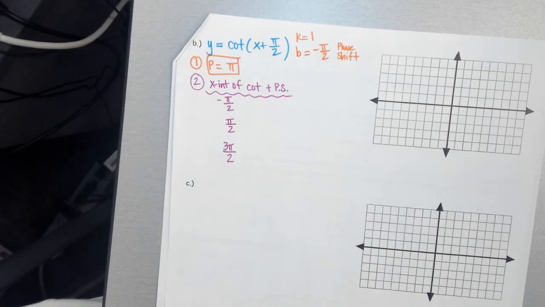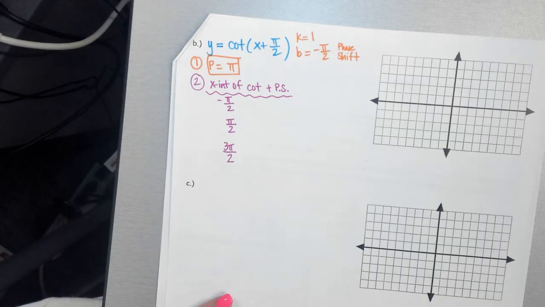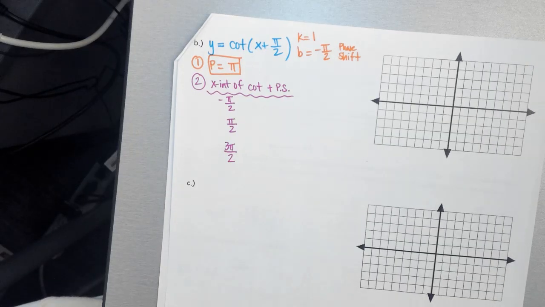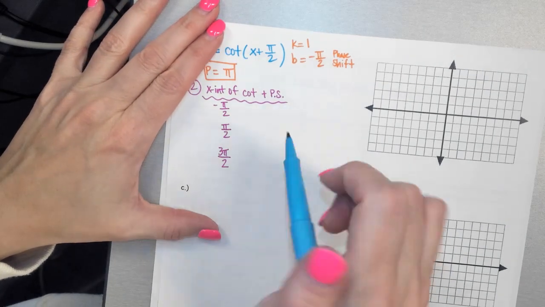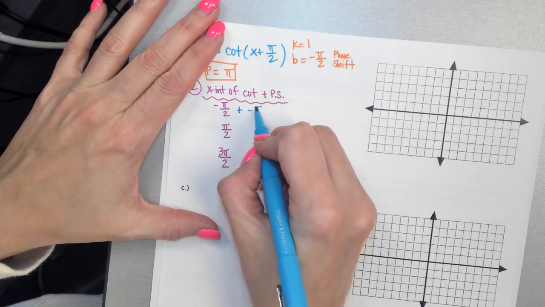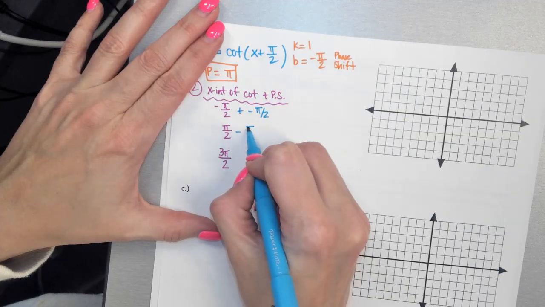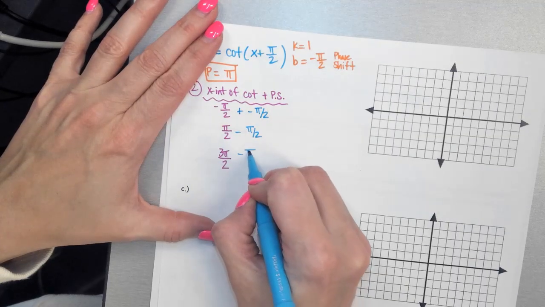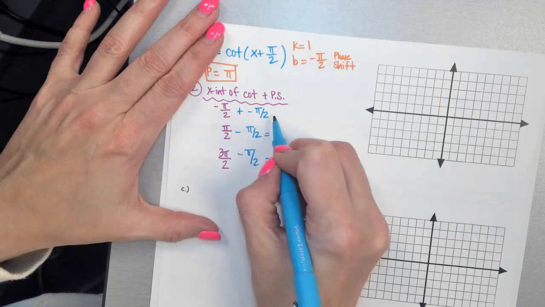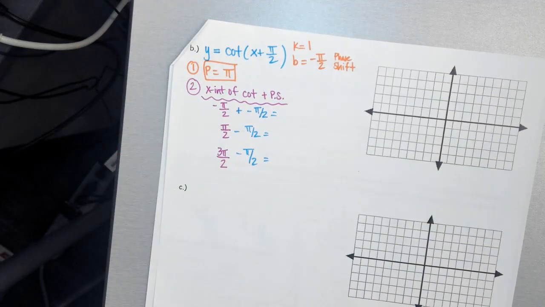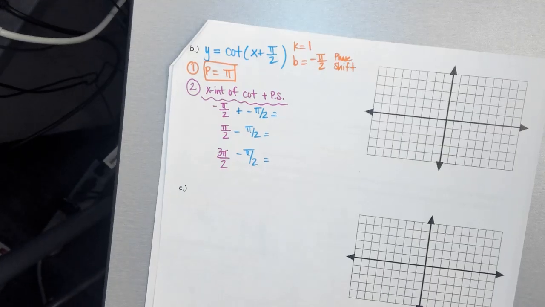So be nice to yourself as you're figuring some of this out. And when you're adding your phase shift, this is a negative. So you can write plus negative pi over 2, or you can just minus pi over 2. Let's go ahead and do those calculations, and then can you box those in for me once you've done them?